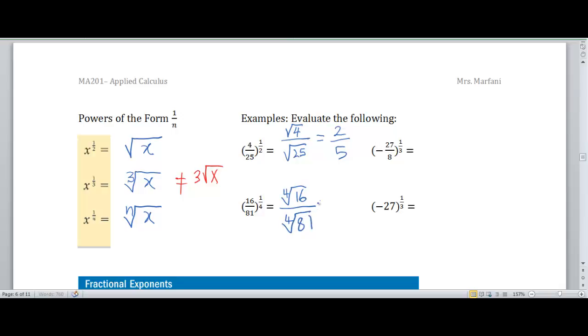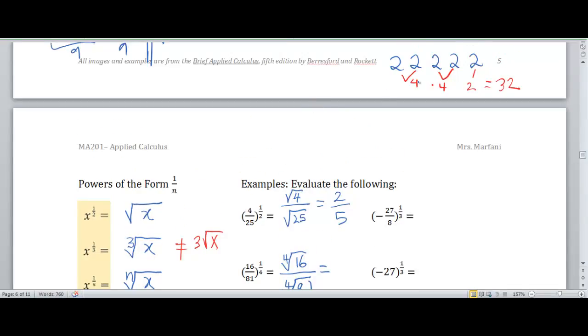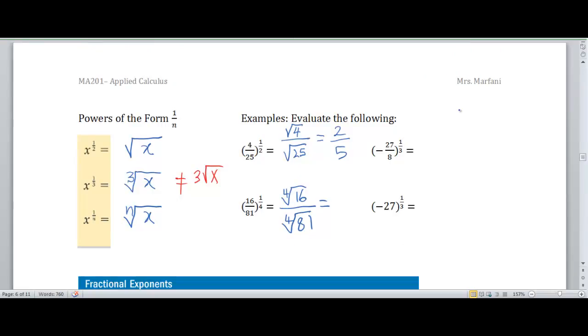Okay, 4th root of 16 is 2, like we saw up here. 2 times 2 times 2 times 2, I get 4, 4 times 4 is 16, so this is 2. 4th root of 81 we saw earlier was 3.